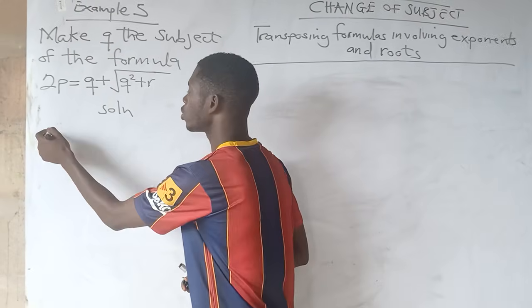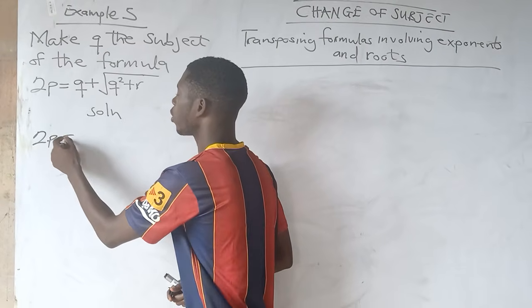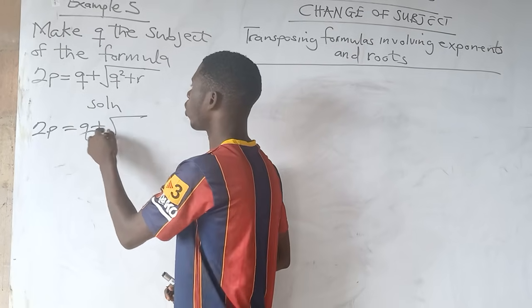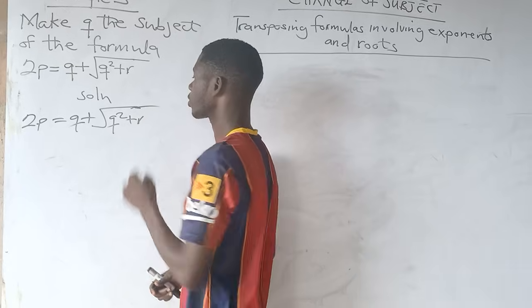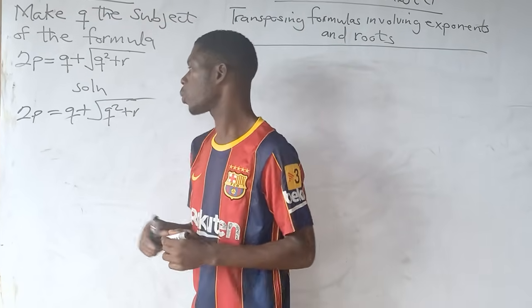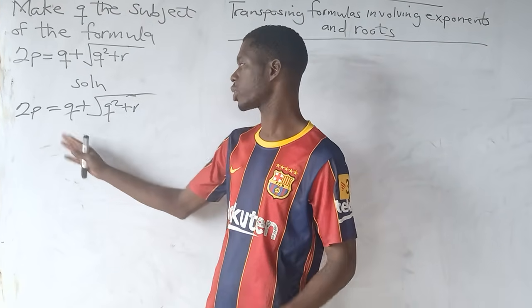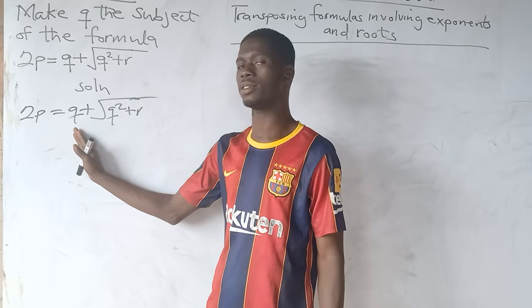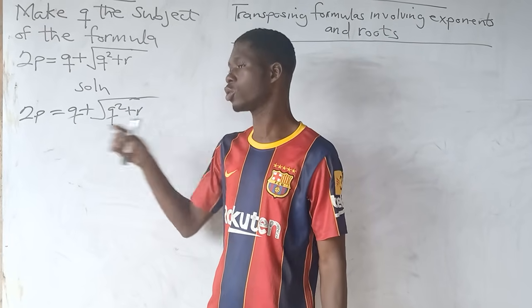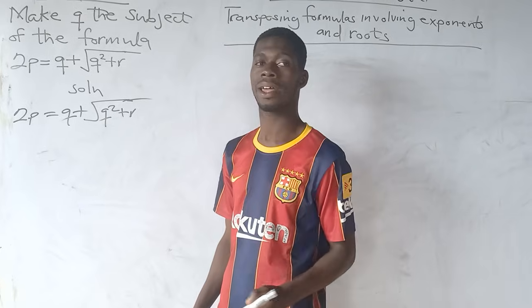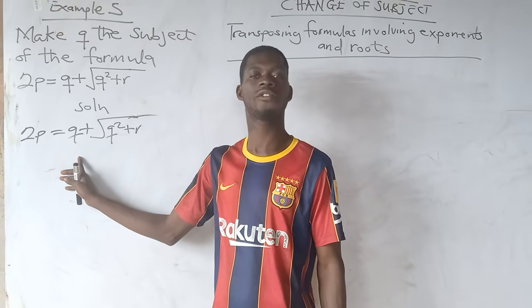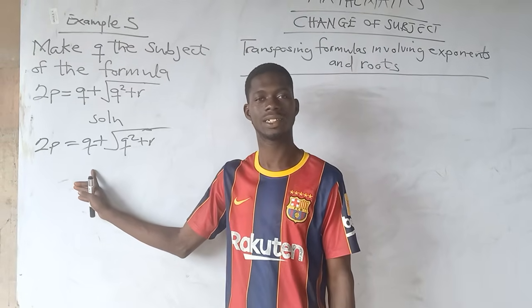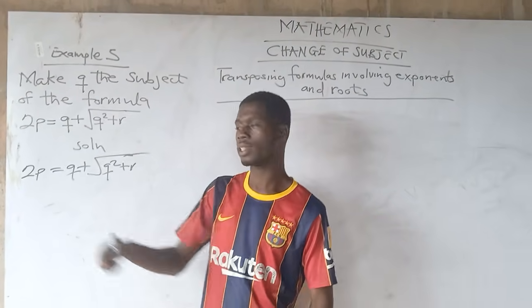So, 2p equal to Q plus root of Q squared plus R. We are supposed to send the Q here, right? The Q is positive, so when it moves from the right hand side to the left hand side, positive becomes negative.